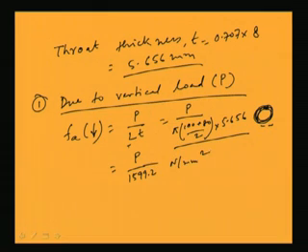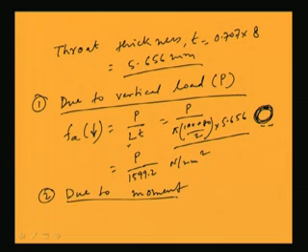So, this is one. Another is due to moment. Due to moment, we know FB will be basically in the horizontal direction, that will be M by I into y.